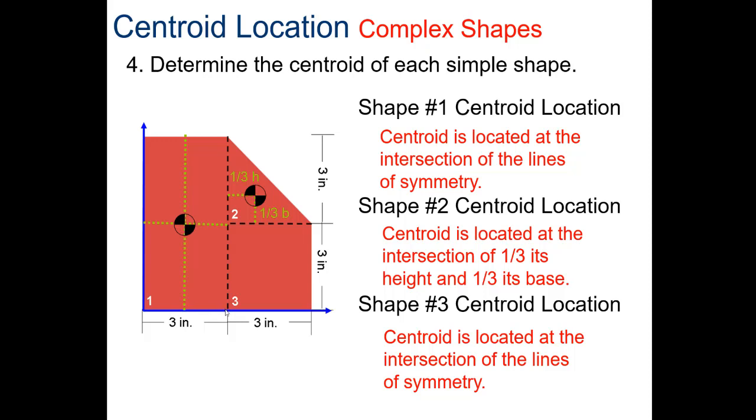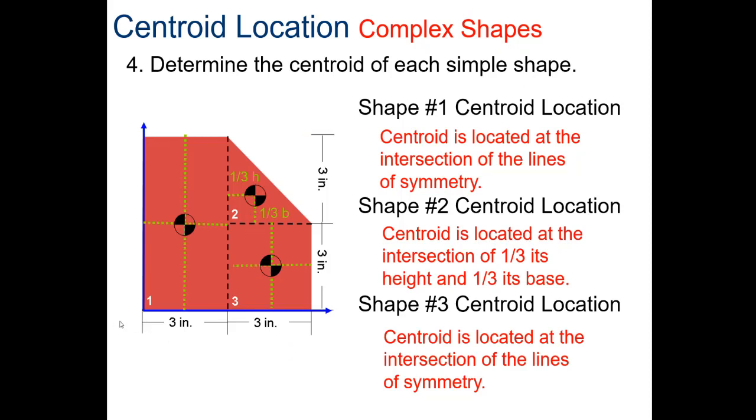So 3 and 1, I have 4 as my x. And then I have to go up. So how far do I have to go up to get to here? Well, the triangle is 3 tall. It's one third the height. So one third of 3 is 1. So I'm going to go up 3, and 1 more is 4. So 4 and 4 will be the location here.